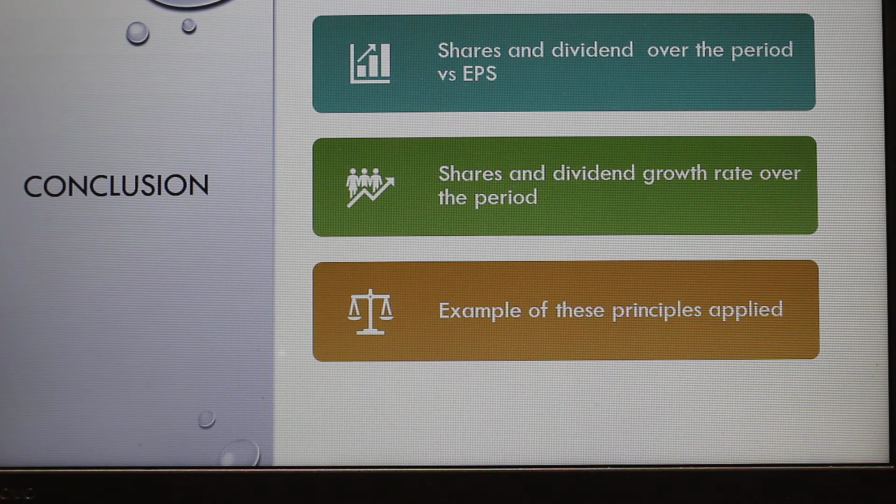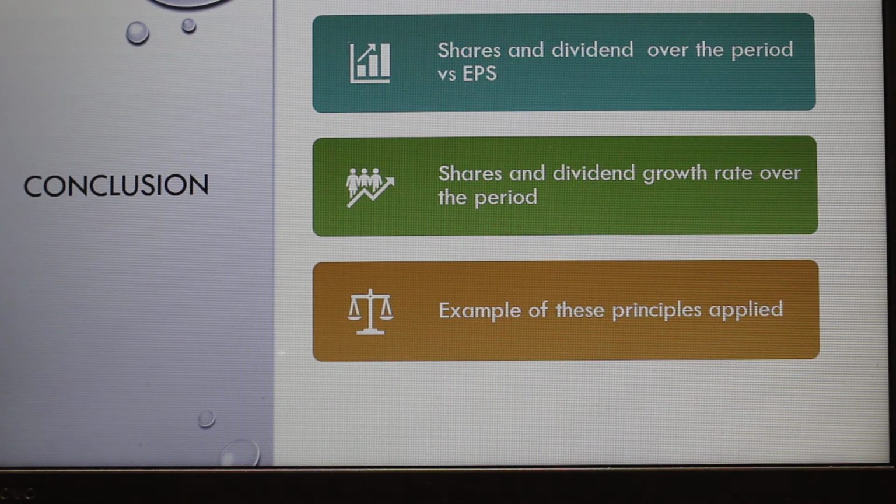We've also looked at the dividend growth rate over the period, comparing the dividend declared in year 1 to the dividend declared in year 4 in this example, and the growth rate was 50%. We've applied the principles in this example.